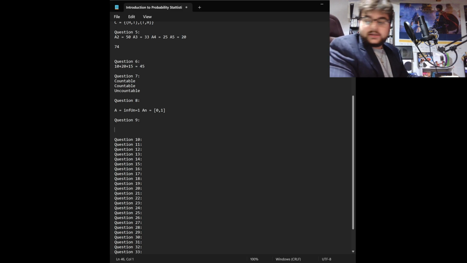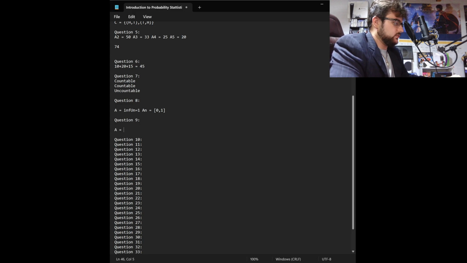This number 9 is almost similar. We have to prove it by contradiction. So just simple as this. Remember, the infinity is on top, and the n minus 1 is on the bottom here. And then n. Now, these are small n.